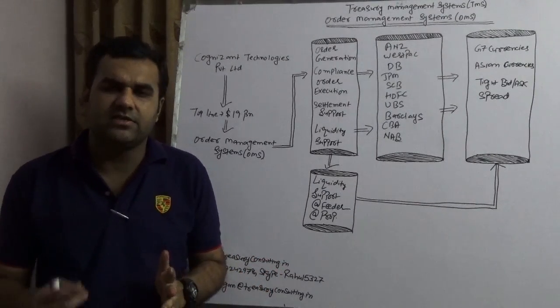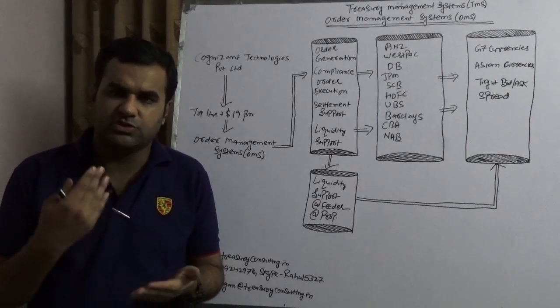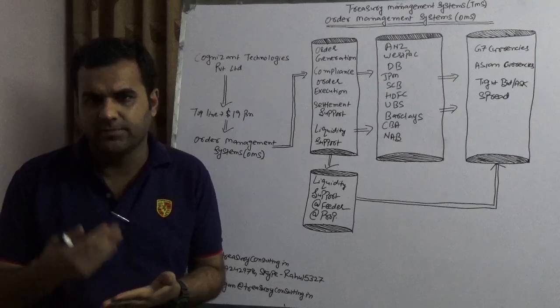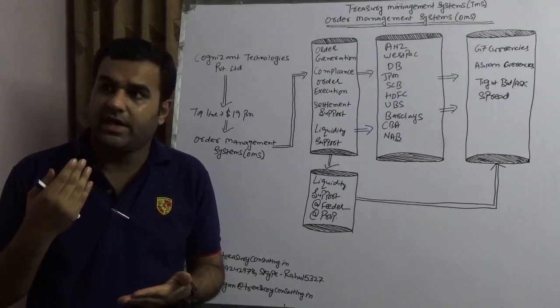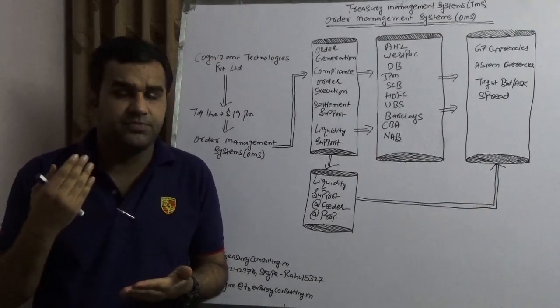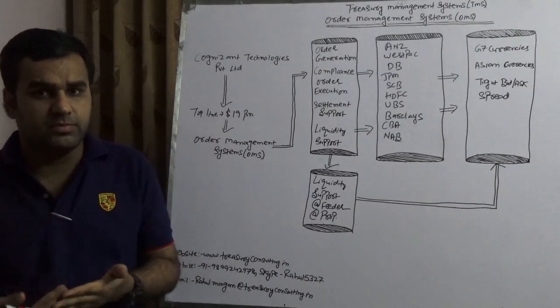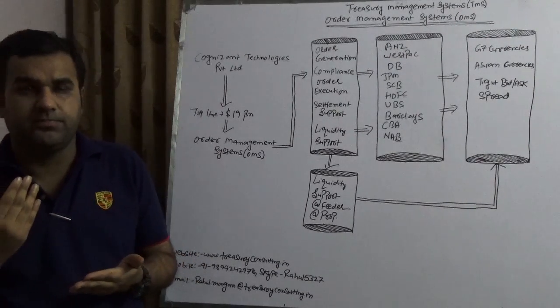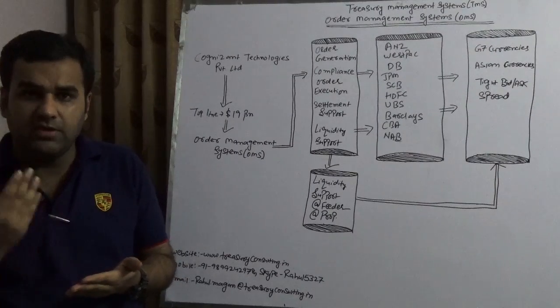You name the currency and Cognizant has exposure in that: Australian dollar, New Zealand dollar, Canadian dollar, Euro, GBP, Japanese yen, Swiss franc, Singapore dollar, Korean won, Indian rupee, Philippines peso.